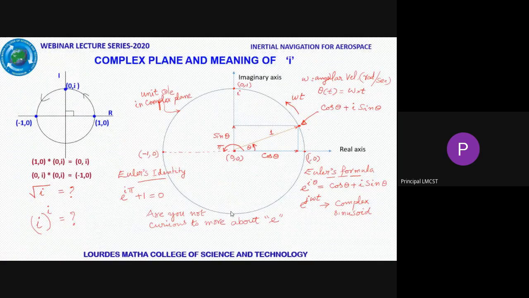This is not quaternion. This small e is a hero. It's very interesting. And you see, the projection of this vector as it is rotating like this, if you take the projection on the x-axis, you get cos omega t.